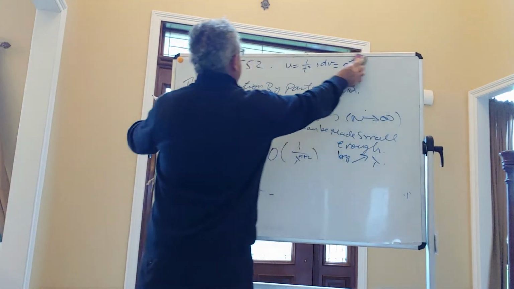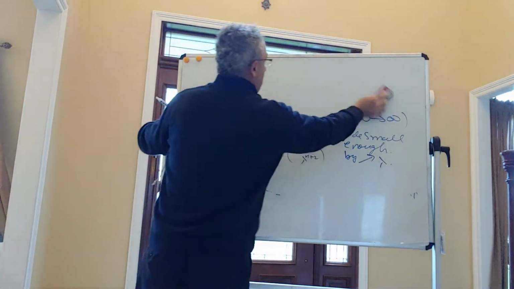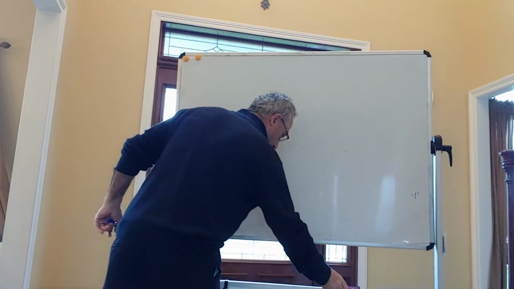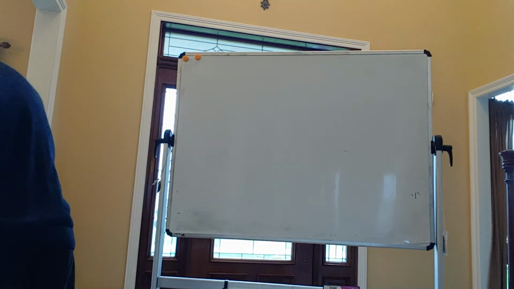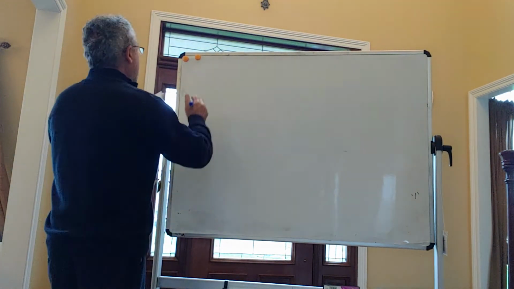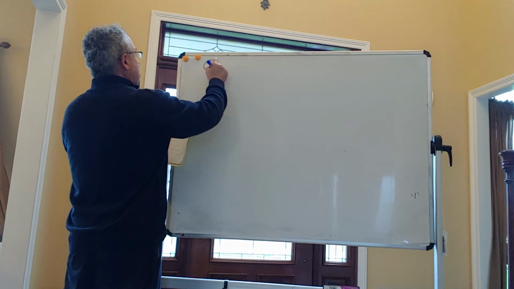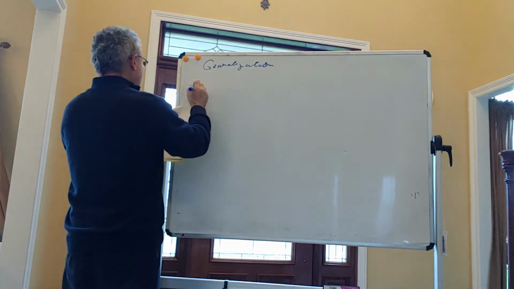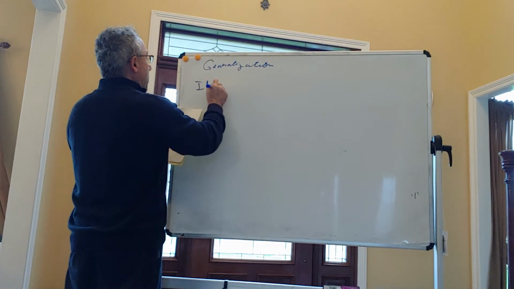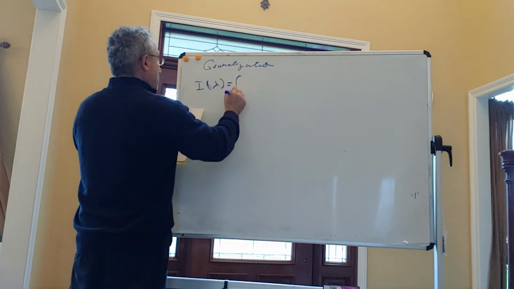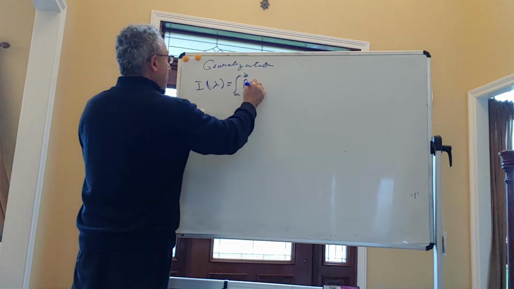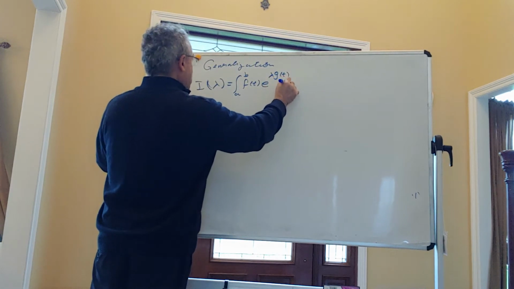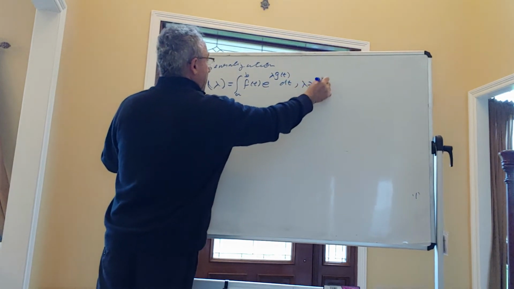Let me take a look at the second part. This is a generalization. Now we have I of lambda equal to the integral from a to b of f of t e to the lambda g of t dt, with lambda bigger than 1.